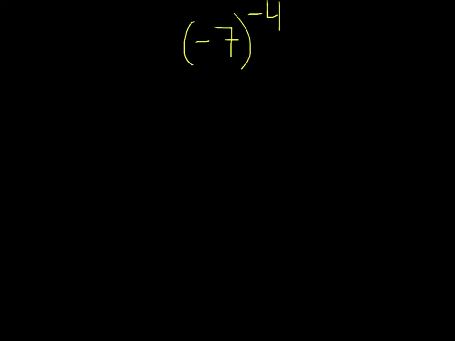Alright, second example, now we have negative 7 to the power of negative 4. And let's see, my base is negative, but my exponent is even. So that means my final answer will go to positive. But if we rewrite it, 1 over, keep the same base, negative 7.